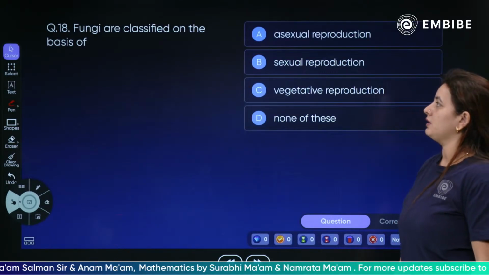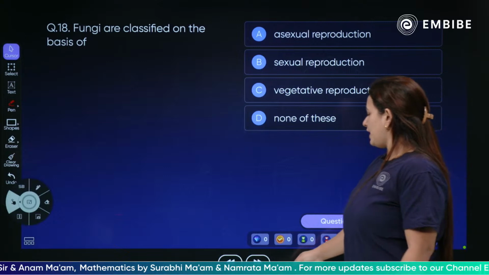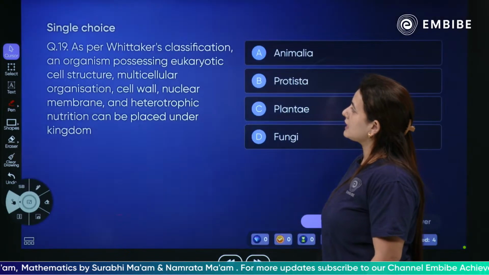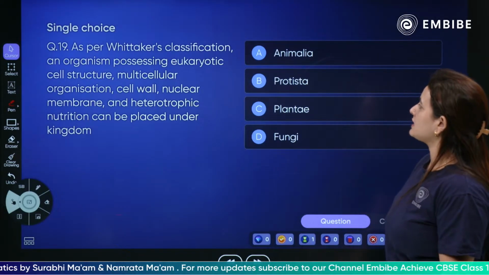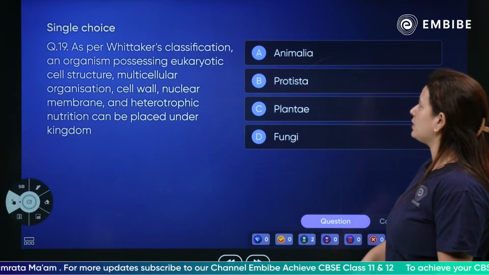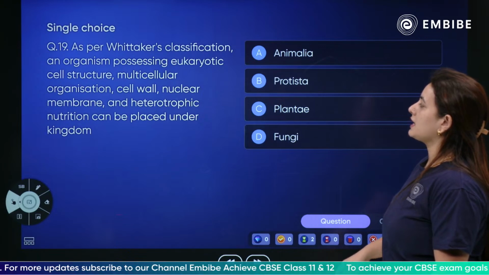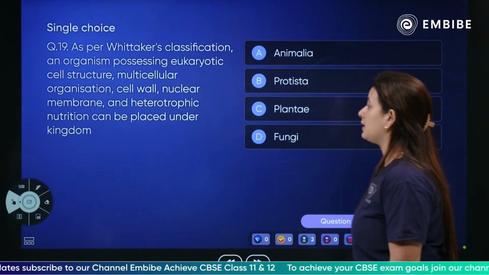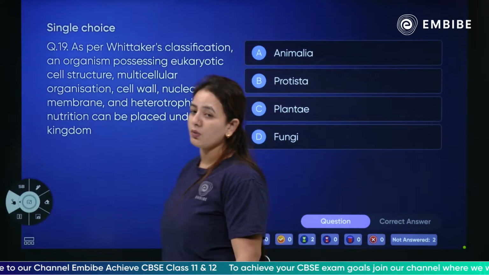Yes, next question. I think this is what we have already seen. Let's not attempt this. Next question, children. As per the Whittaker classification, an organism possessing eukaryotic cell structure, multicellular organization, nuclear membrane, heterotrophic mode of nutrition can be placed under which kingdom?